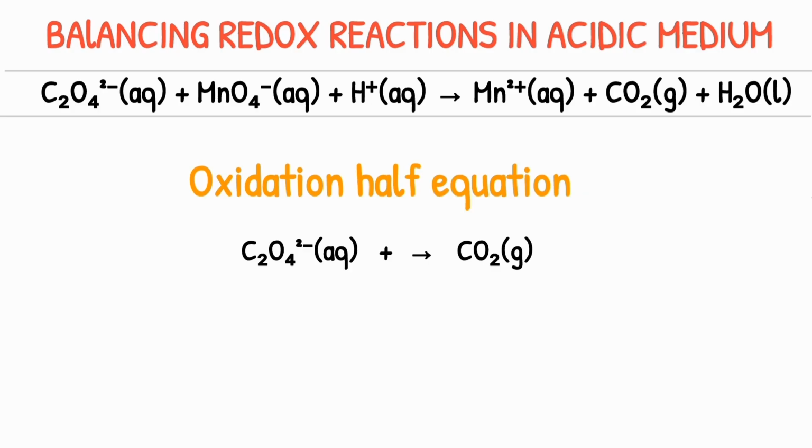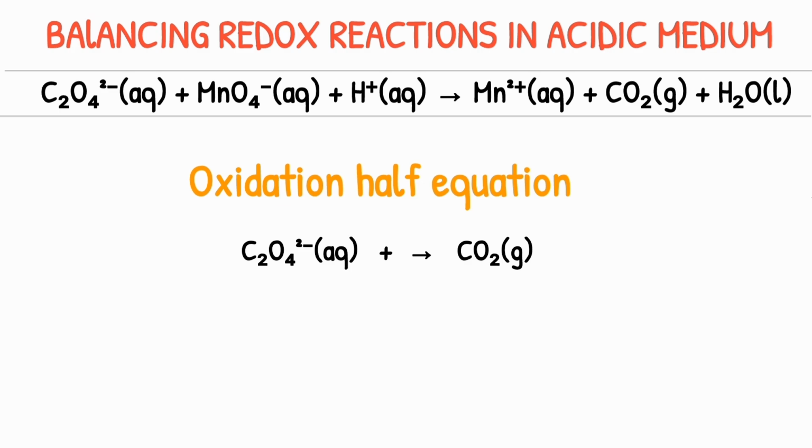In oxalate 3 and in carbon dioxide 4. So this is our oxidation half equation. Now we have to balance this oxidation half equation, balancing the number of atoms and the number of charges.